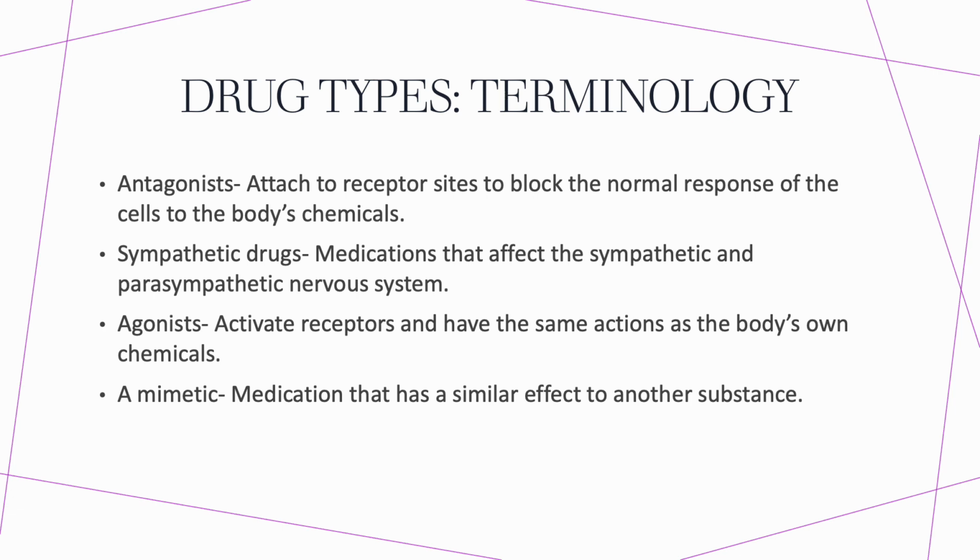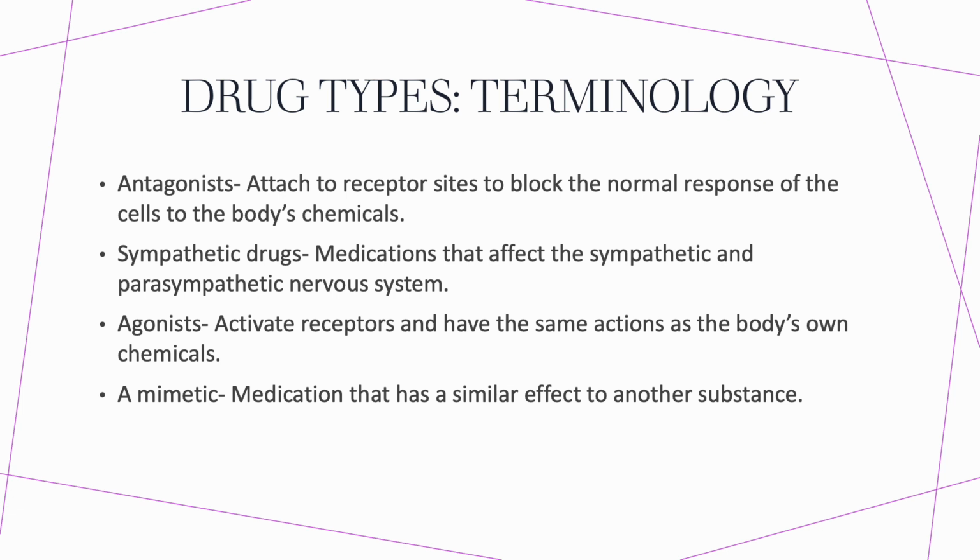And that's sympathetic drugs. And then we have mimetics. And mimetics are meant to act like normal responses in your body, kind of like hormones. A good example of this would be an incretin hormone, like a glucagon peptide or GLP-1, right?